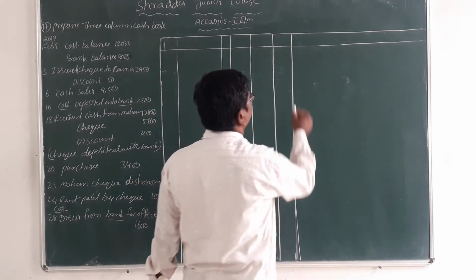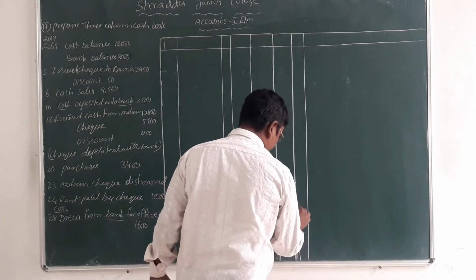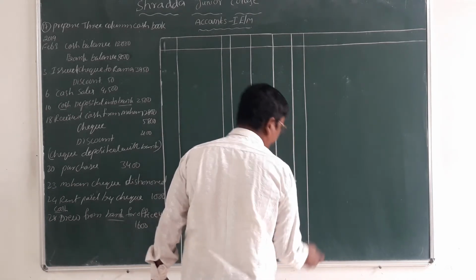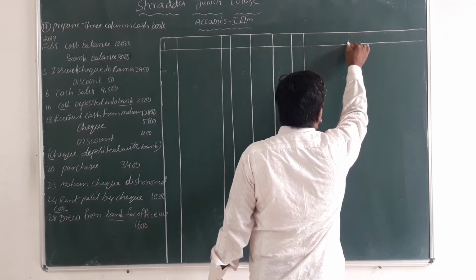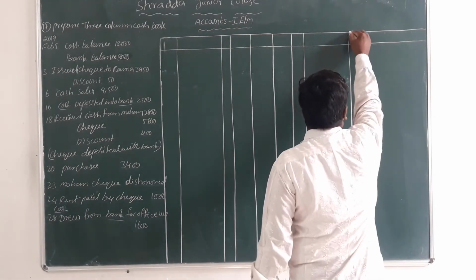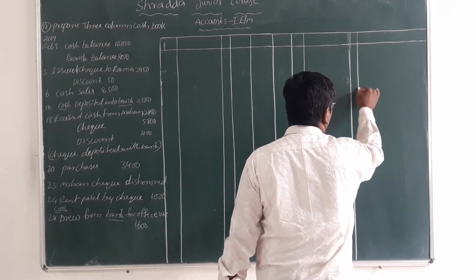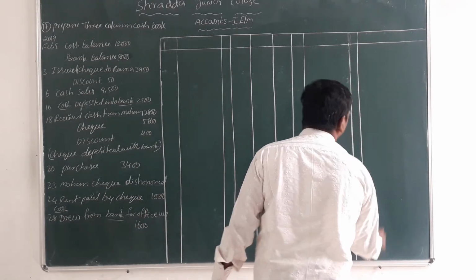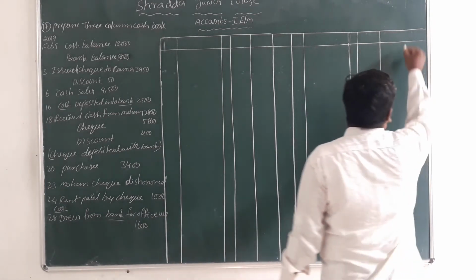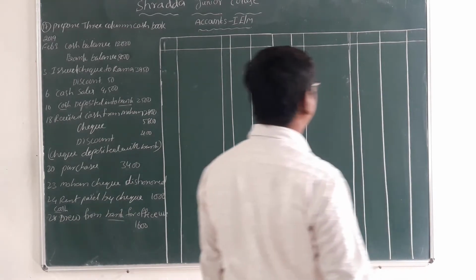Now on the other side, at the same time: date, particulars, and LF, cash, bank and discount.